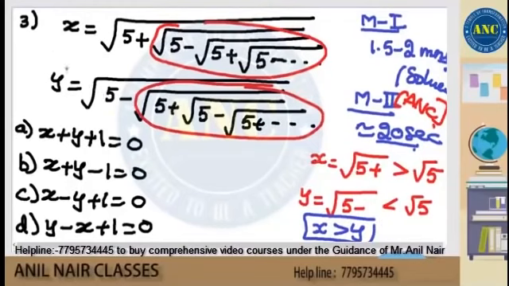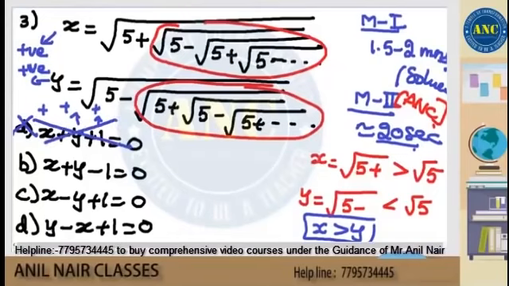And can I say root always gives a positive value? x is a positive value, y is a positive value. First option is eliminated. x is positive, y is positive, 1 is positive. Positive plus positive plus positive, how can it be equivalent to 0? I hope it is clear, right?